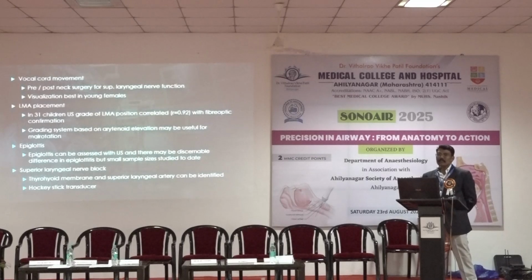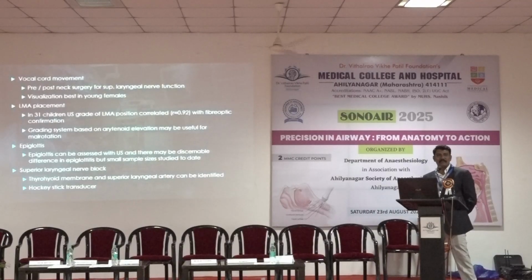So, vocal cord, another use: we can use this USG machine at the bedside or on the OT table. The pre and post neck surgery superior laryngeal nerve function can be visualized, in young females actually. Many times the surgeon asks us, after removing the tube after a large thyroidectomy, to see the vocal cords.